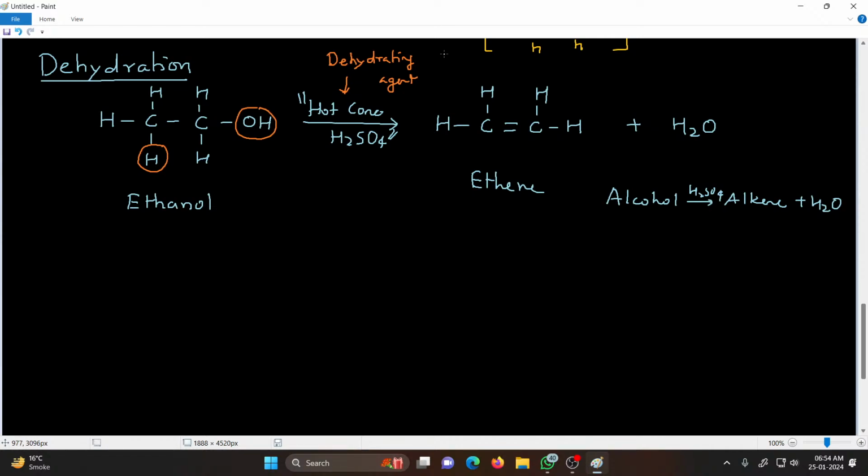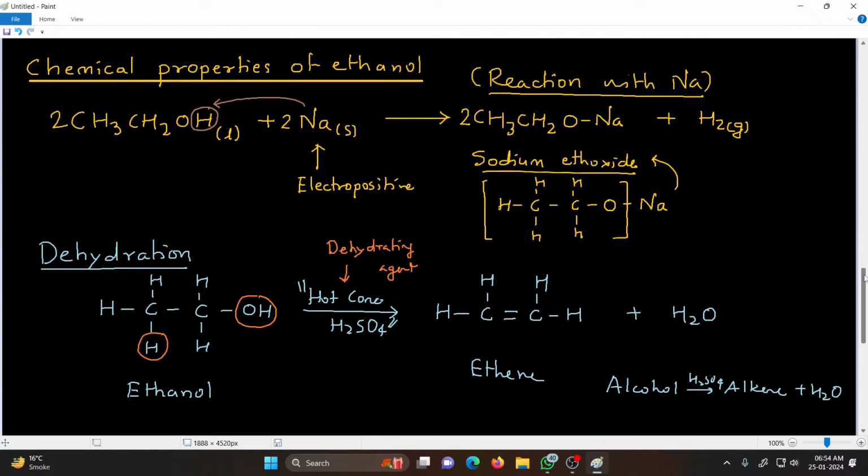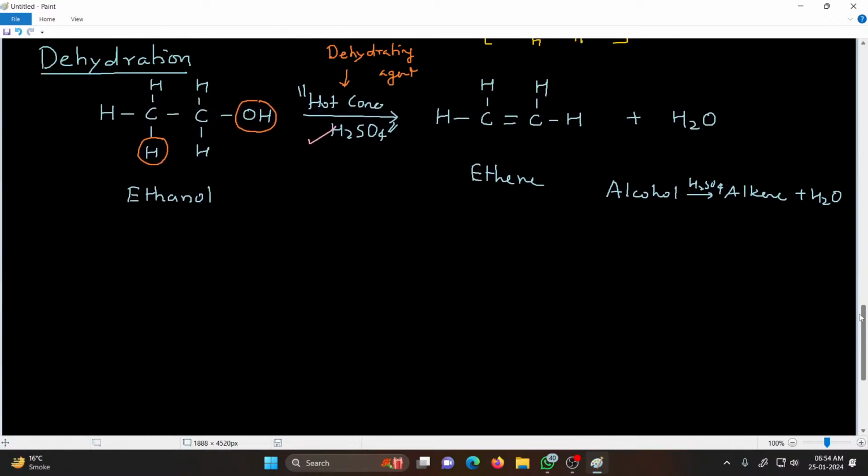Then the next is the chemical properties of ethanoic acid. So these two reactions were chemical properties of alcohol: reaction with sodium metal, and the dehydration reaction. Now the chemical properties of ethanoic acid, or acetic acid, which is commonly known as vinegar when it is mixed with water.